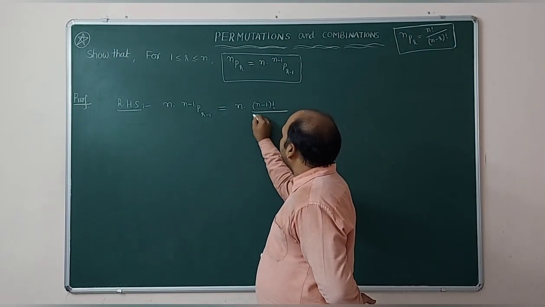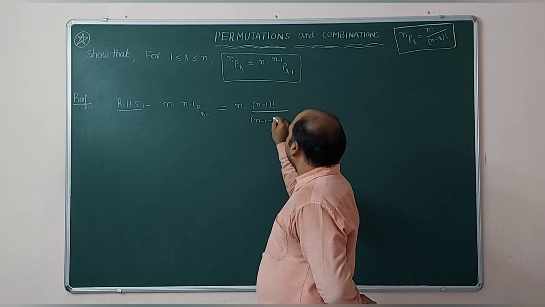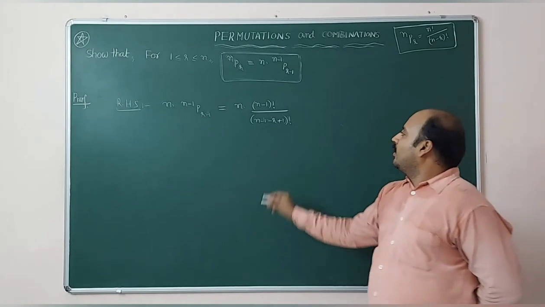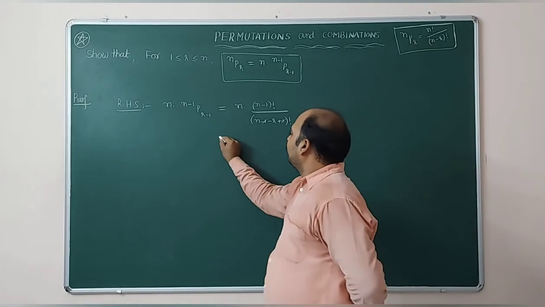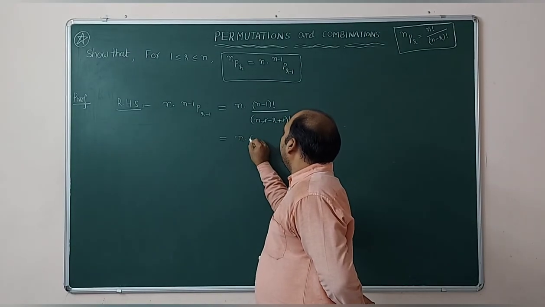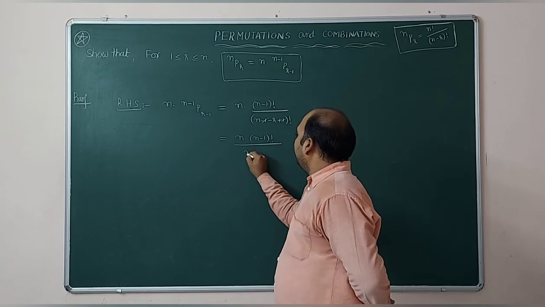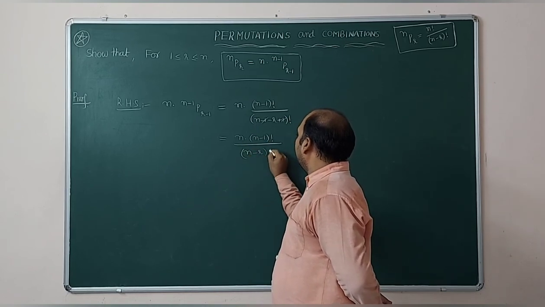What is n minus r here? N minus 1 minus r plus 1 factorial. Plus 1 minus 1 get cancelled. N into n minus 1 factorial divided by n minus r factorial.